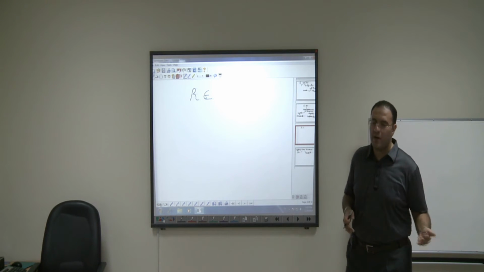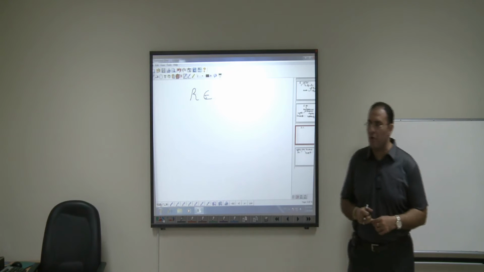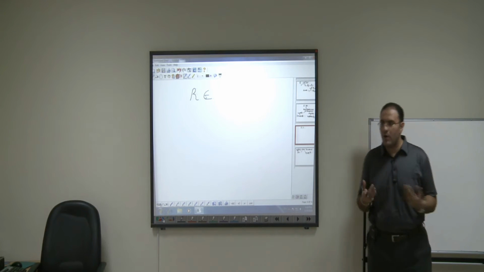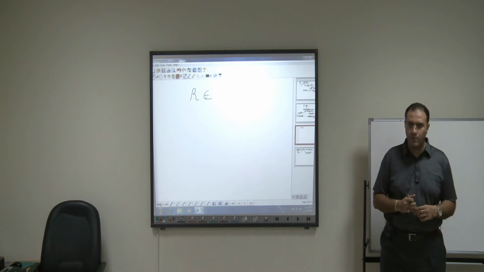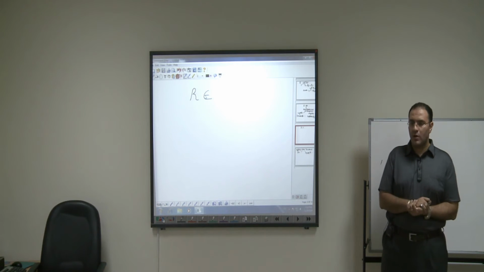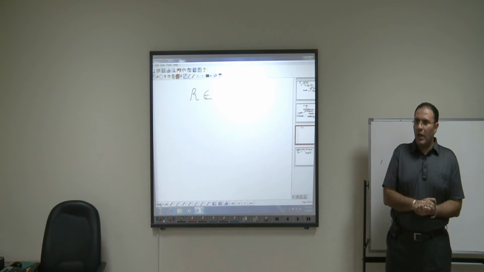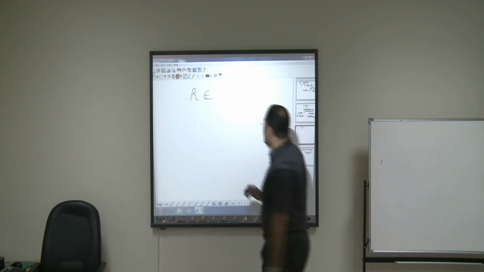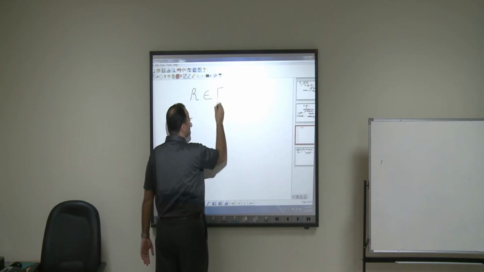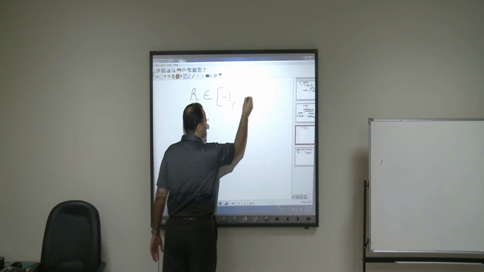But before we draw this conclusion, what are the possibilities for R? That's my question. Well, R is always going to be here.